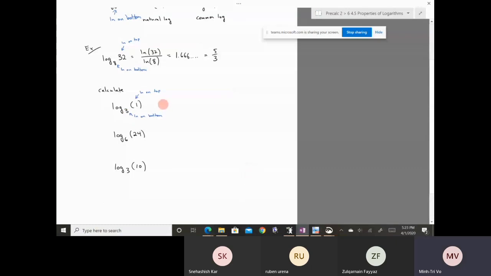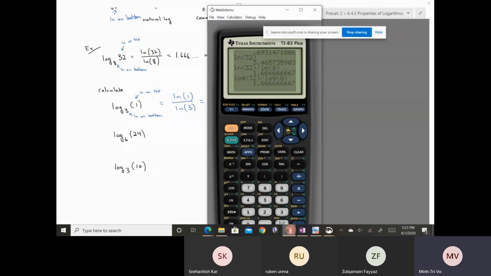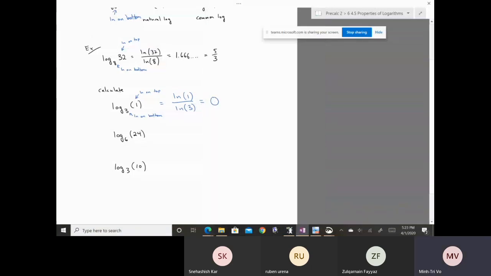So this would be natural log of 1 over the natural log of 3, then you put it into your calculator, you see that this is 0. It calculates to 0, but also the reason is because, as I said before, no matter what the base is, the log of 1 is always going to be 0.